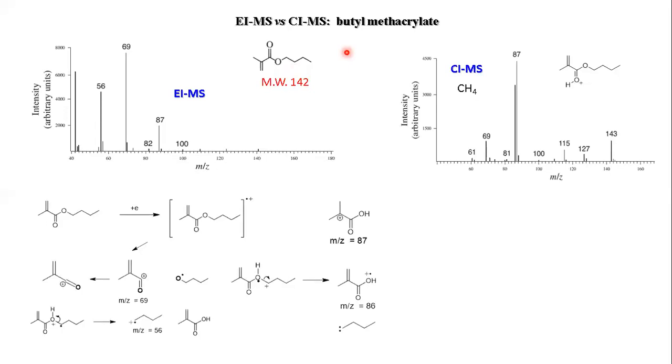So here, if you look at the mass spectrum, we find the 143 peak is smaller, and in this case 86, 87 is becoming the bigger one, because the fragmentation takes place in this route.